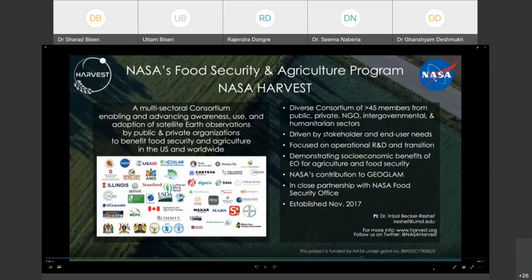They're demonstrating socioeconomic benefits of Earth observations for agriculture and food security, and are NASA's contribution to the GEOGLAM task. We encourage you to go to the Harvest website to learn more about how the program is advancing the adoption of satellite Earth observations by public and private organizations.